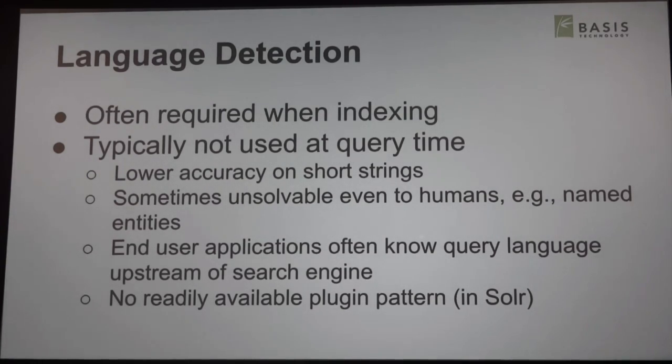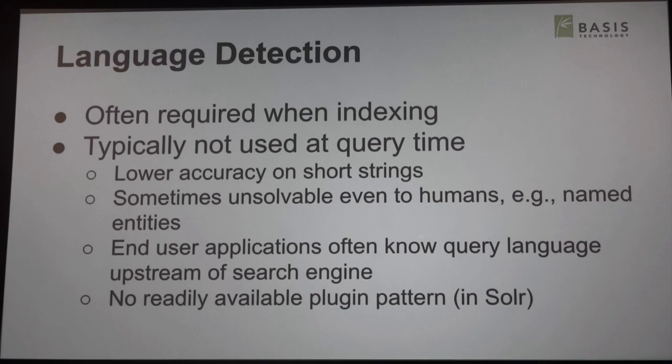So language detection. I mentioned this is often required in indexing, but it's not always required. You can imagine, if you wanted to build a search engine for users to search Wikipedia. I'm not sure why you would want to do that because Wikipedia has pretty good search, but let's say you wanted to. Wikipedia has an API, but the thing about Wikipedia's API is that it's actually per language.